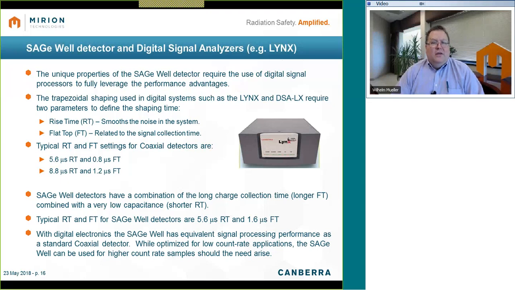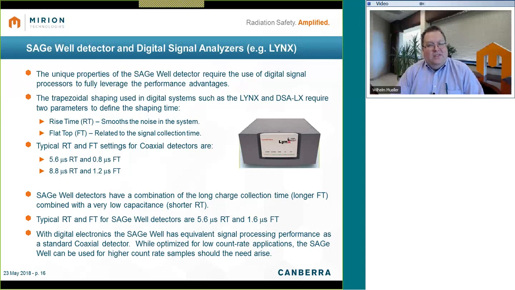flat top. The part that makes this significant in comparison to the other detectors is that the dead time of a detector system, in a digital system, is related to the sum of the rise time and the flat top. And one can see from this that the sum of the rise time and flat top needed to operate a Sagewell detector is well within the range of a typical coaxial detector.